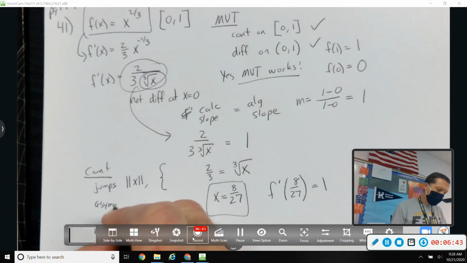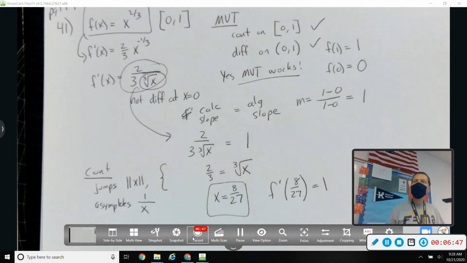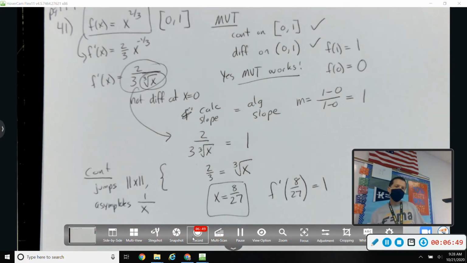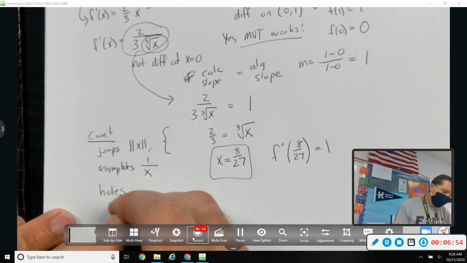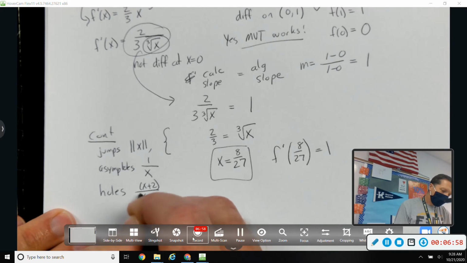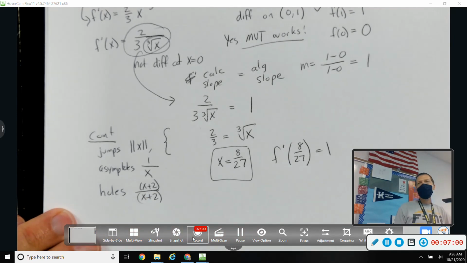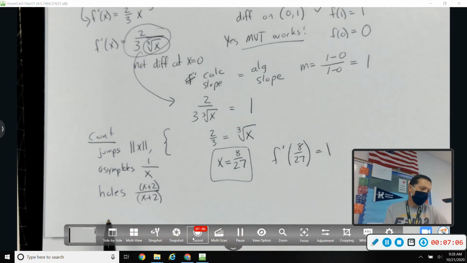Asymptotes, but that happens when there's an x in the bottom. What other continuity issues are there? Holes, but remember that happens when there's a factor in the top and the bottom. That makes a hole. So you know all the issues to look for continuity. And then it's the same issues you're looking for when you take a derivative.